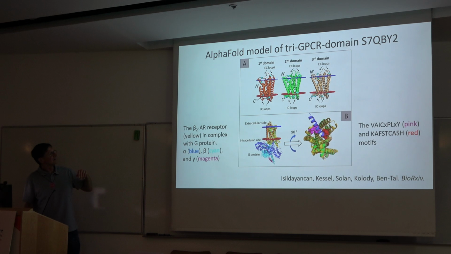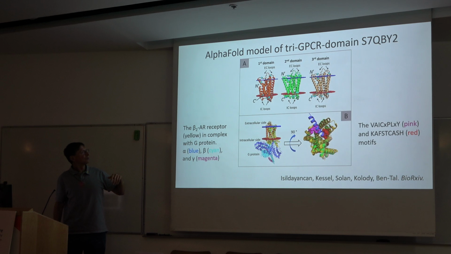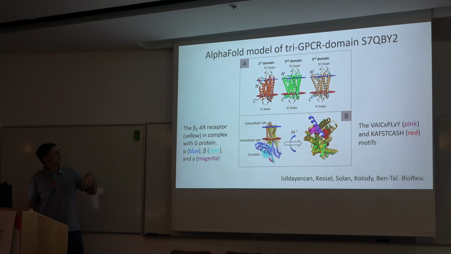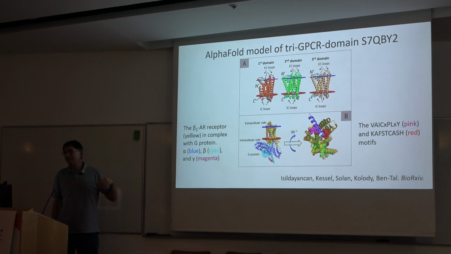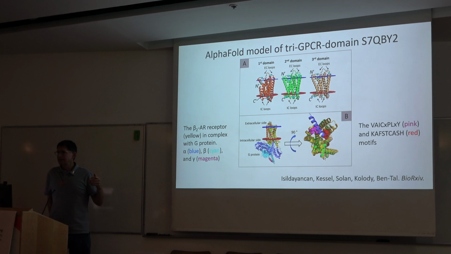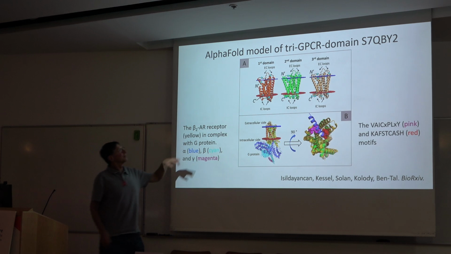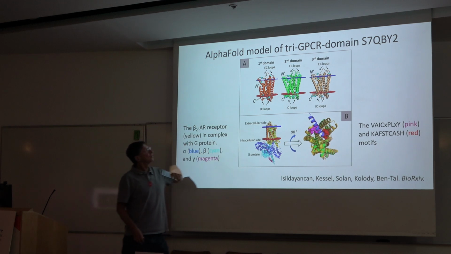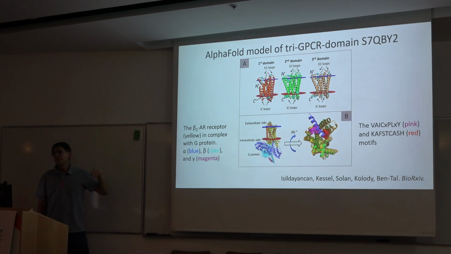Okay, so this is finally what a structure like this looks like. I'm showing here a case with three GPCRs linked together in the same protein. We present them separately just because we are not sure how to orient them, but you can see them here: domain 1, domain 2, and domain 3.